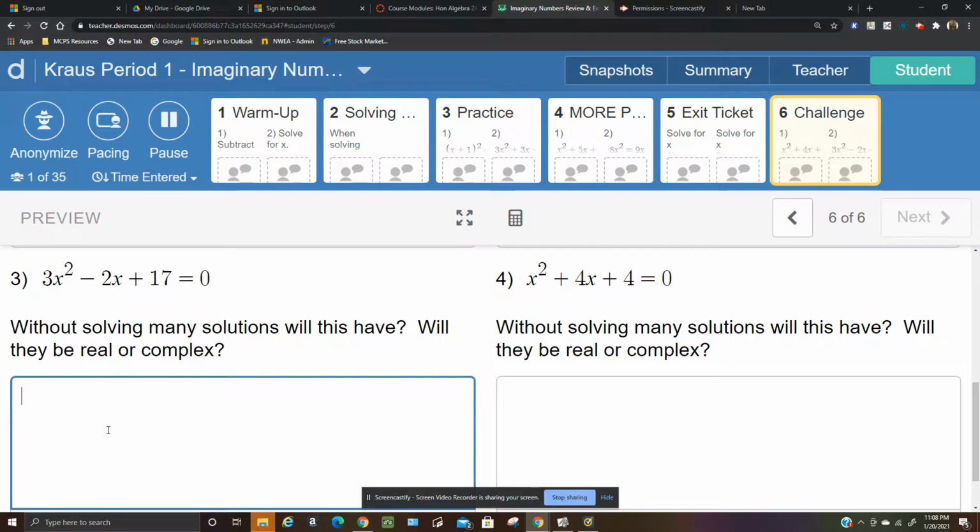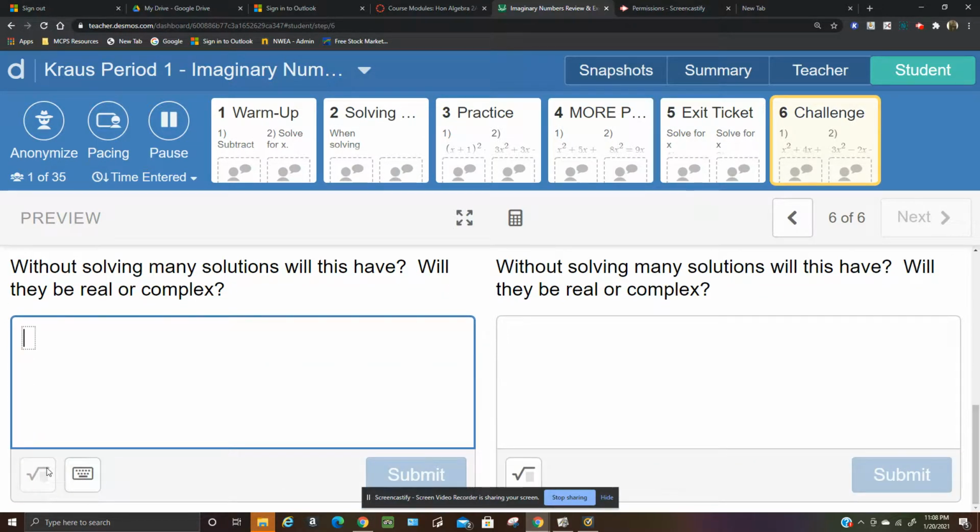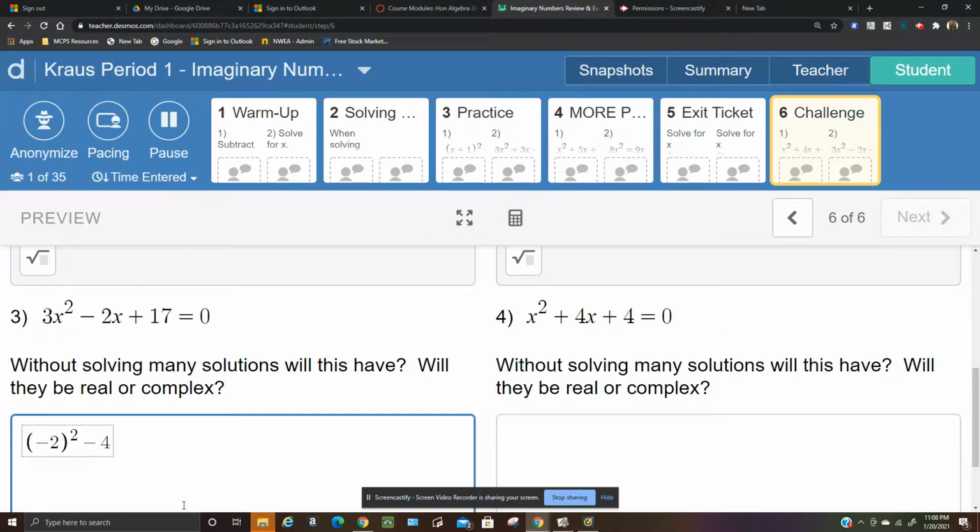Here you have negative 2 squared. Four times 3 times 17.